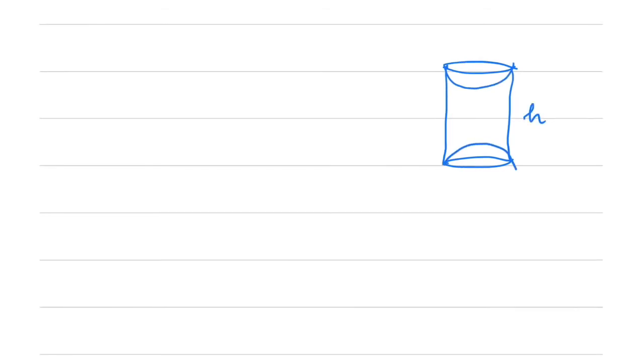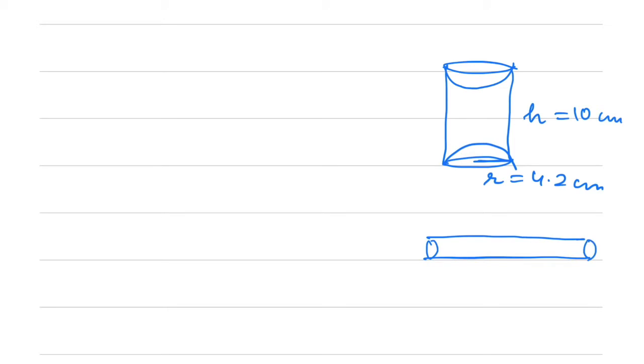So this was scooped out, and the height is equal to 10 centimeter, and its base radius is equal to 4.2 centimeter, and the rest of the cylinder is melted and converted into the cylindrical wire. So this is the cylindrical wire of thickness 1.4 centimeter. So here diameter is equal to 1.4 centimeter, so radius will be 0.7 centimeter.